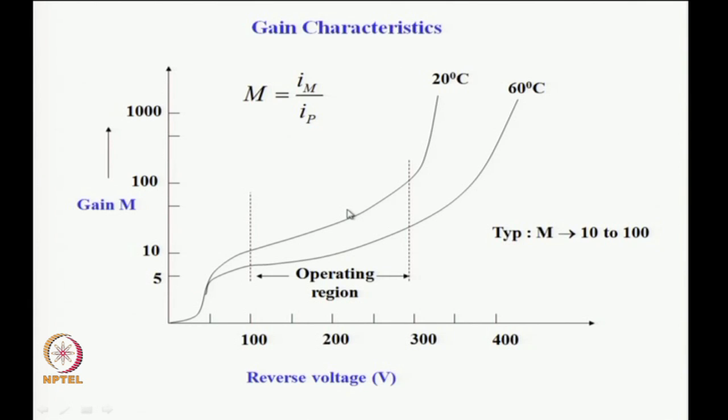The gain characteristic of a typical APD is shown here against reverse voltage. Typically 100, 200, 300 volts are applied as the reverse bias, and what is plotted is the current gain M, defined as I m divided by I p.